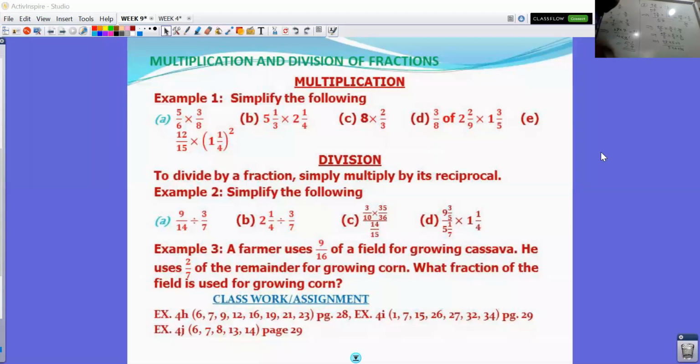So from what I have here, we can now divide. 5 will cut out 5. 4 into 12 is 3, 12 into 36 is 3. So my final answer is 7/3. So clap for yourself, those of you that got 7/3.